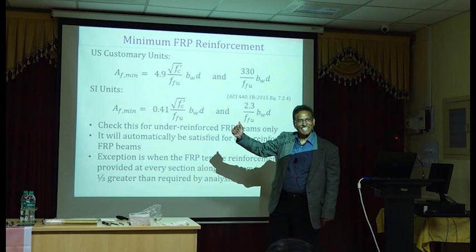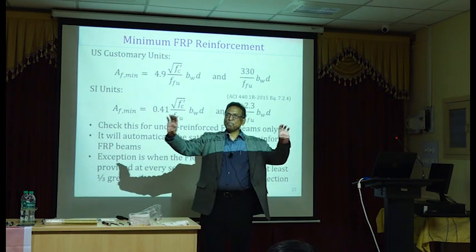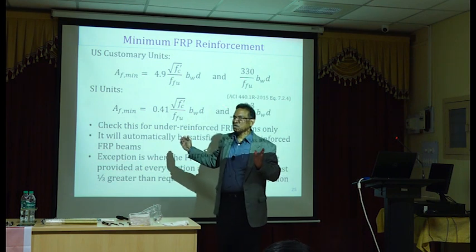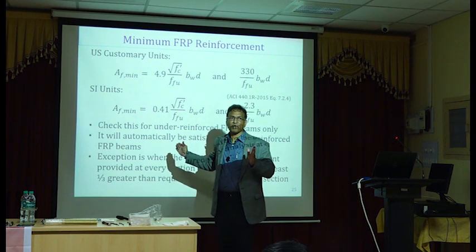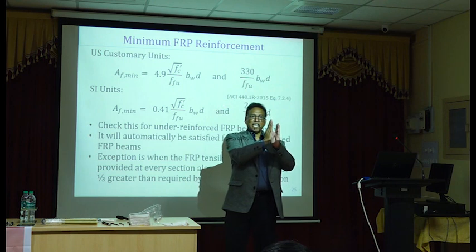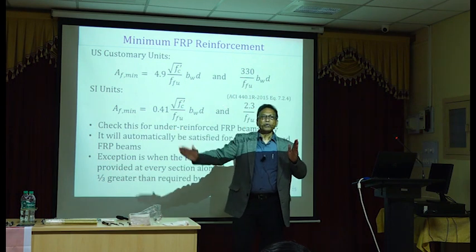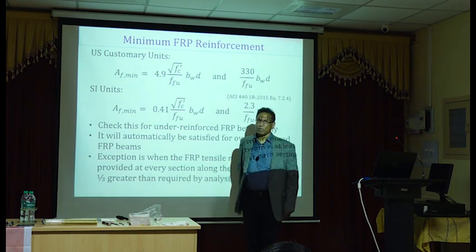Does it make sense? So you are designing a member, and if your moment strength using actual area of FRP is greater than 3 times the required strength, that is factored load effect, throughout the length of the member, then you don't have to satisfy this minimum requirement.